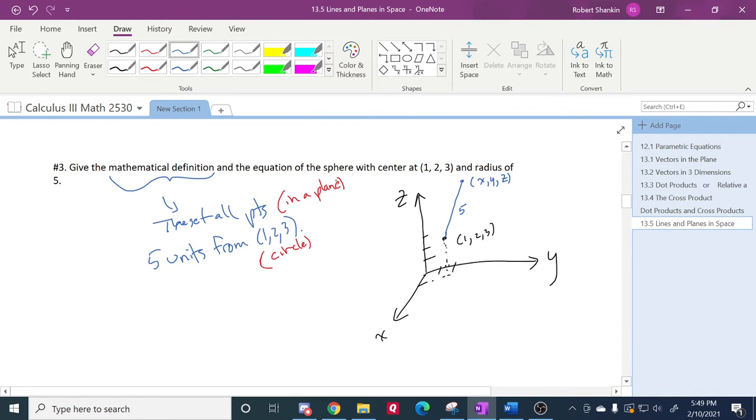And then, now the equation of this sphere is, this is a fixed point, 1, 2, 3. This could have been chosen anywhere on this sphere. So these are variables, well that's constants. And if we take the distance formula between this point and this point, we get this.